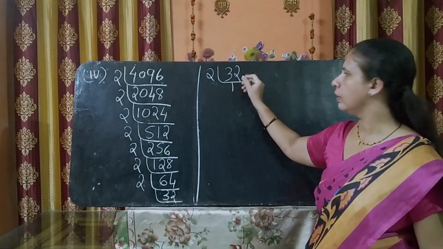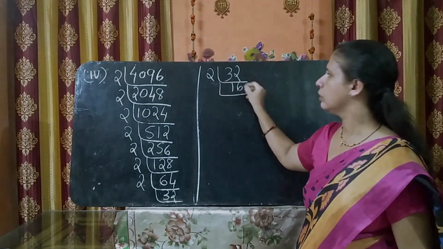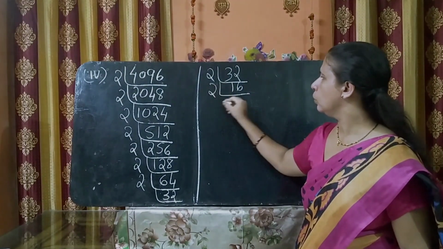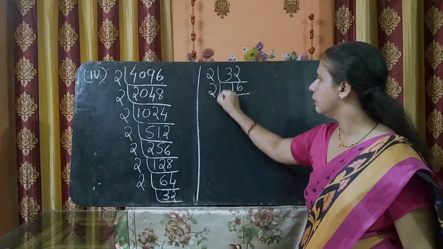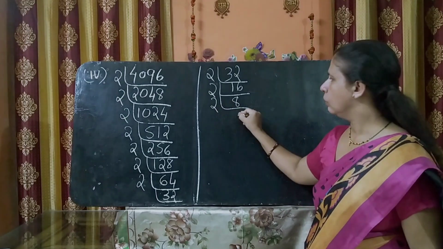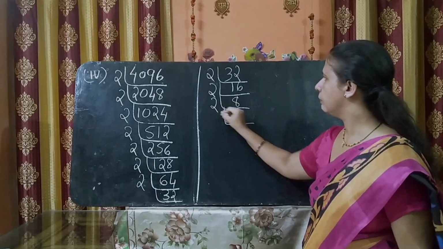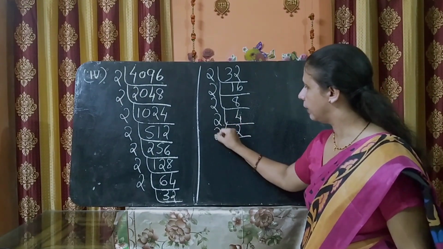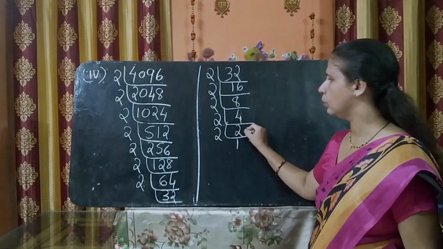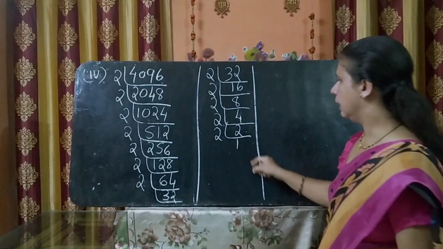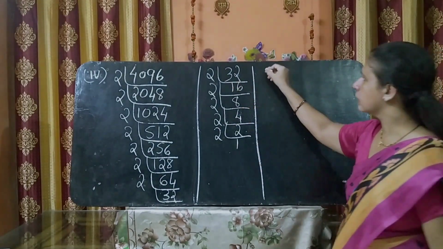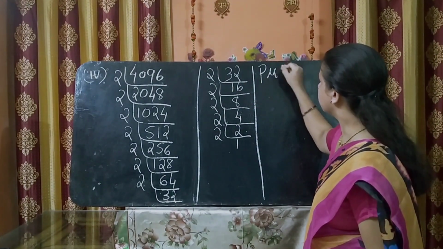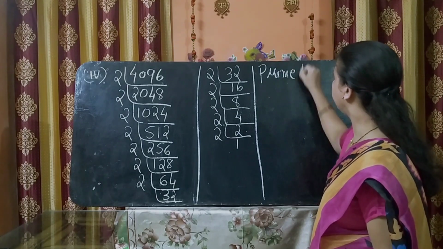Number will become 12. 6 2s are 12. Then factor is 2. 8 2s are 16. Again factor is 2. 4 2s are 8. Factor is 2. 2 2s are 4. Then factor 2. 1 into 2, 2. Then prime factors of 4096.